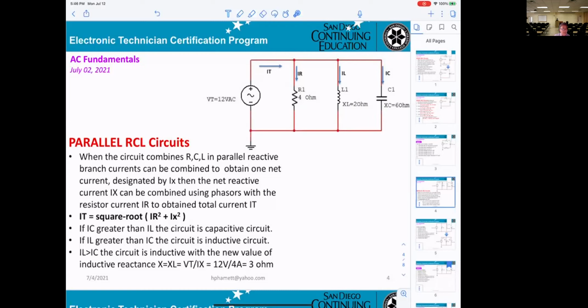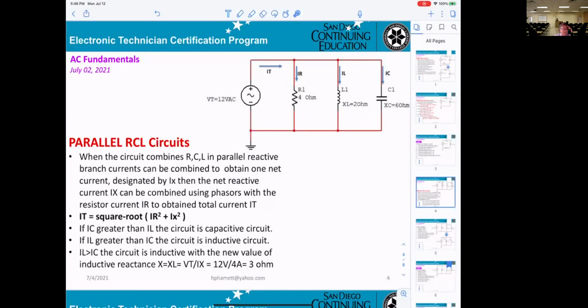Now, it's easy to do on a calculator. IR, right? You take the total voltage divided by R. IL will be the total voltage divided by XL. And IC will be the total voltage divided by XC.